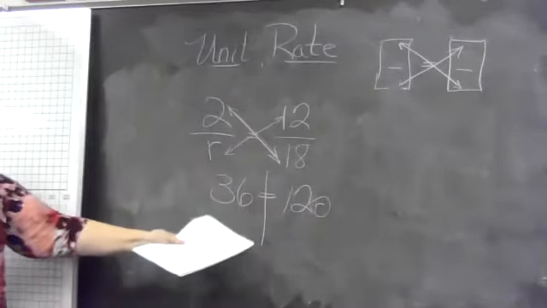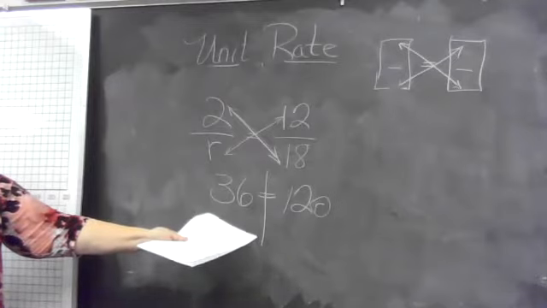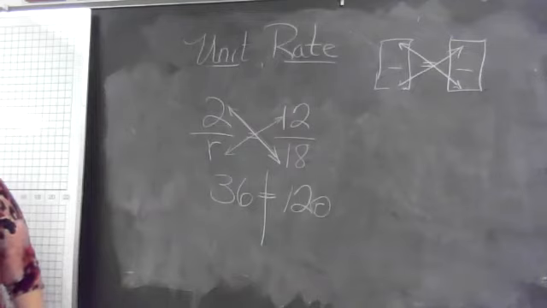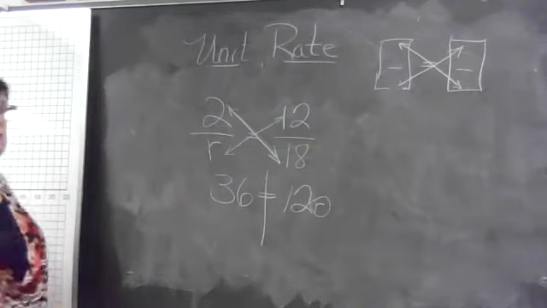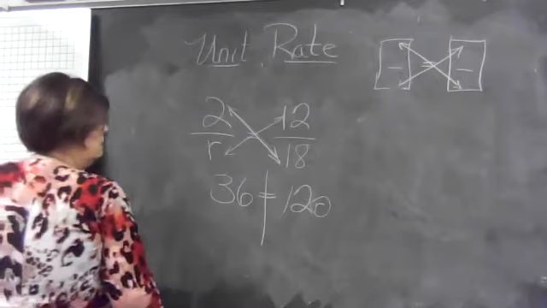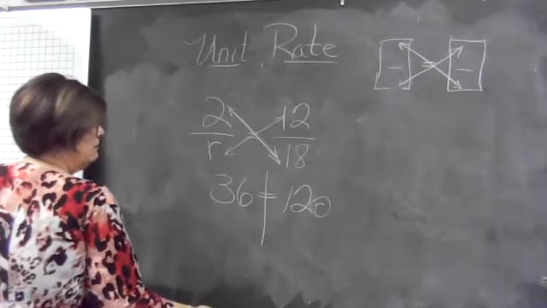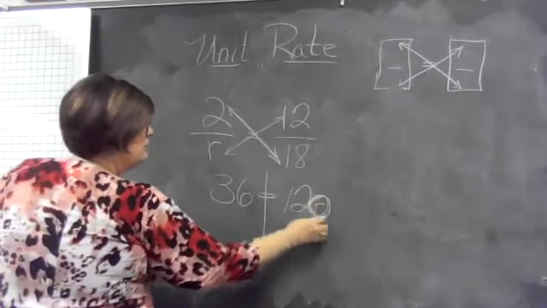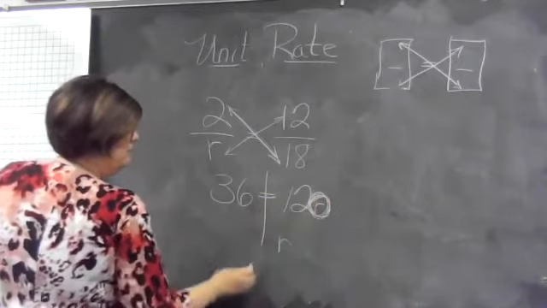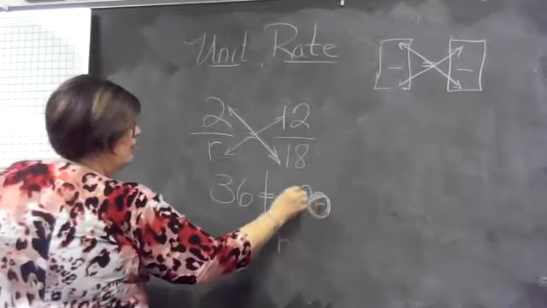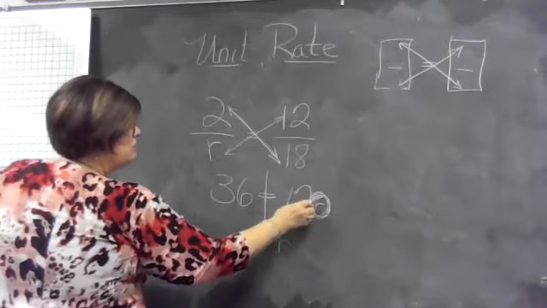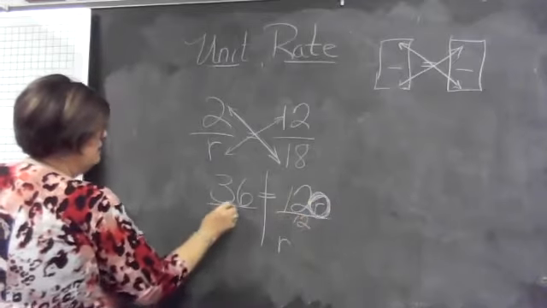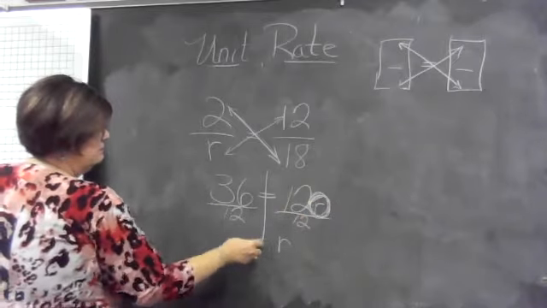What do you need to do here? If I want the R by itself, I need to divide by, what do I want to get rid of? The 12. Yes, because I want this to be all by itself at the bottom. So I have to get rid of this. Right now it's multiplied. I'm going to divide by 12, and I have to do the same thing on the other side.